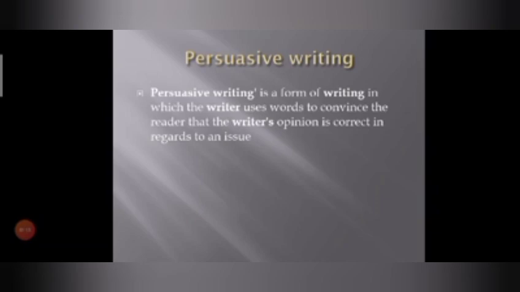In persuasive writing, the writer has to lead the audience to agree with his or her views by showing that the information has been interpreted in a logical way. The writer or the speaker may also appeal to the audience's emotion to get them to agree with him or her.